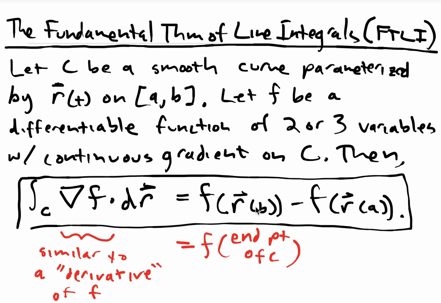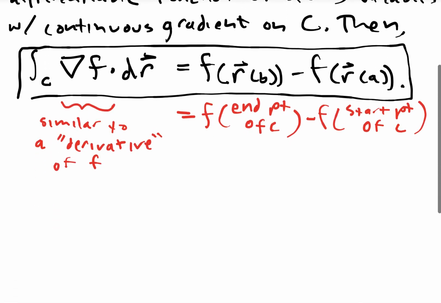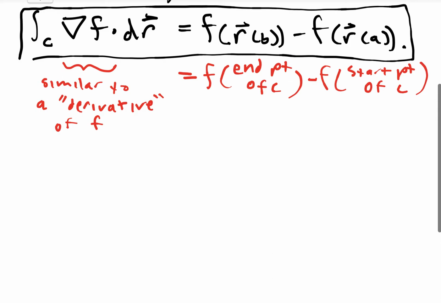That's me plugging in b, my end time for this parameterization, which is the ending point on the curve. And then I'm subtracting off my starting point of this curve. So pretty close to what we did in Calculus 1: you antiderive in a way, and then you evaluate at the endpoints.